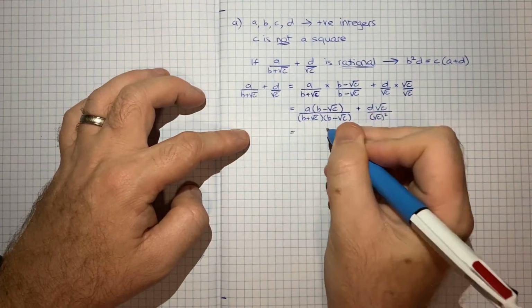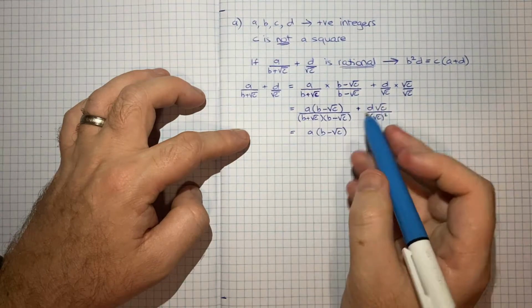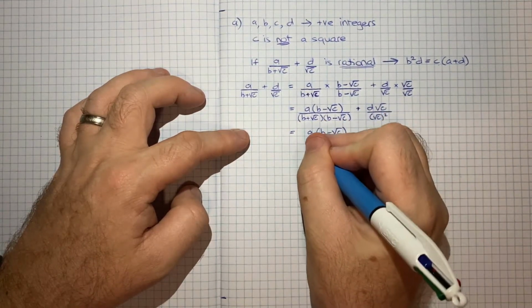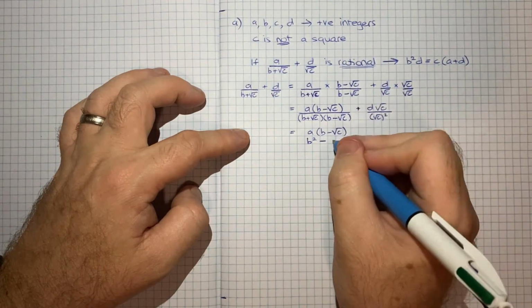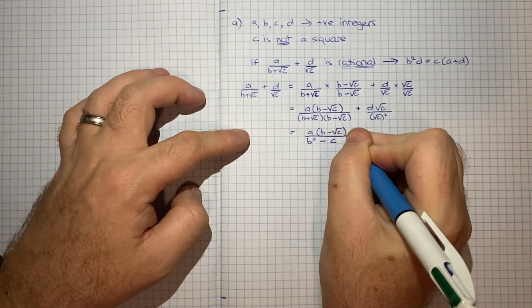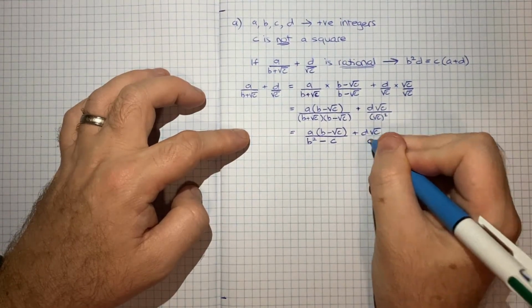So this will be a b minus root c on the top, and this will be b squared minus root c squared, which would just be c, plus d root c on root c squared, which would also be c.